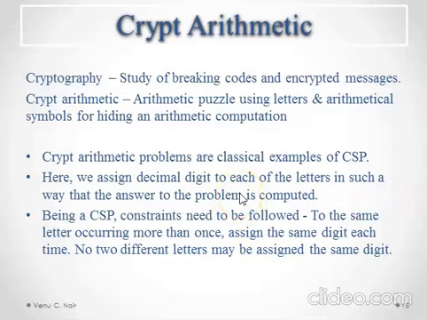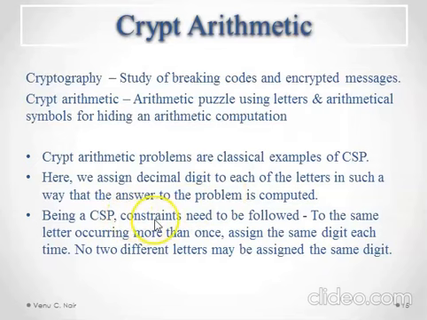We will be having some alphabets and they will be equated to find a solution, and we have to find a digit corresponding to each of the alphabet present. It will be clear when we see an example.